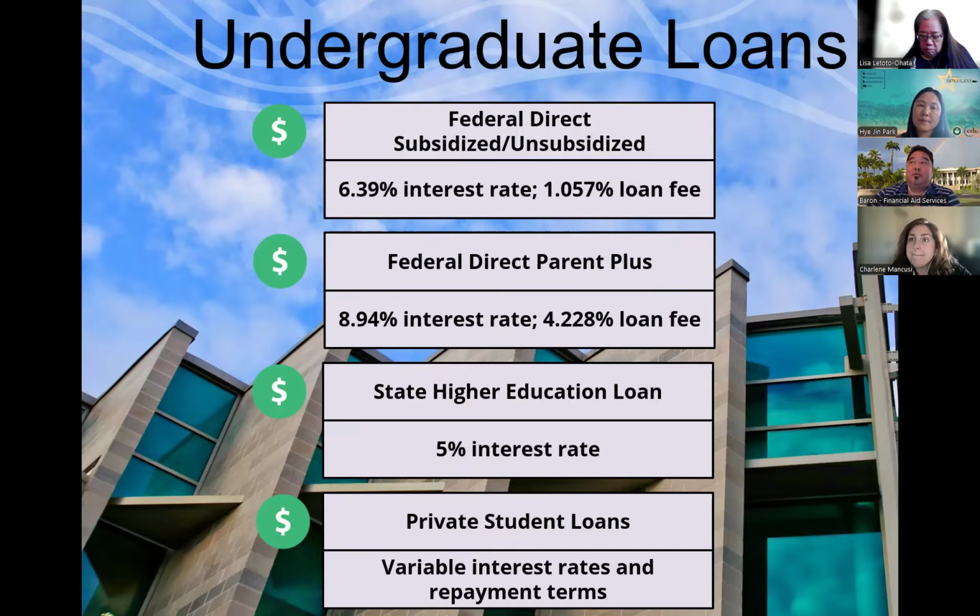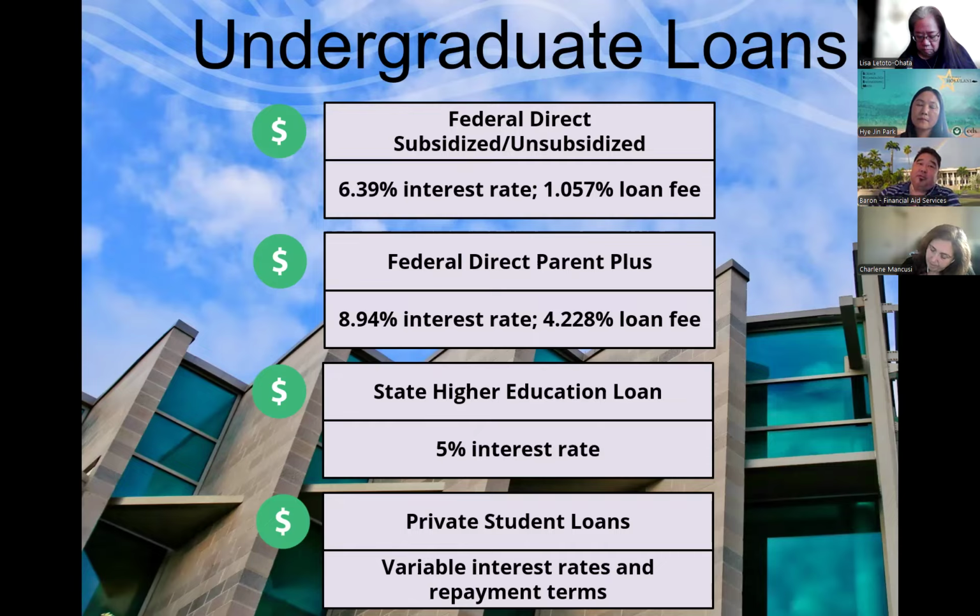Moving forward for the 2026-2027 academic year, because of the Big Beautiful Bill, the maximum amount that we can package for a student would be 20,000 for the academic year, with a maximum of 65,000 for that undergraduate degree. Then there are other loans, like private student loans.